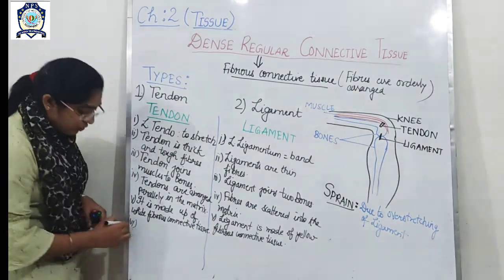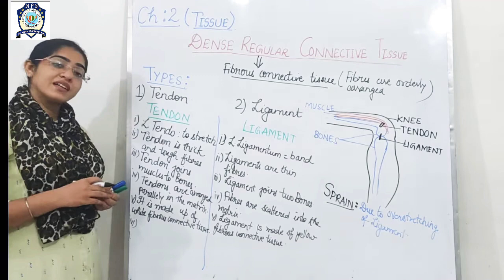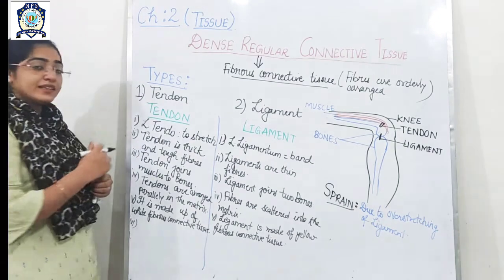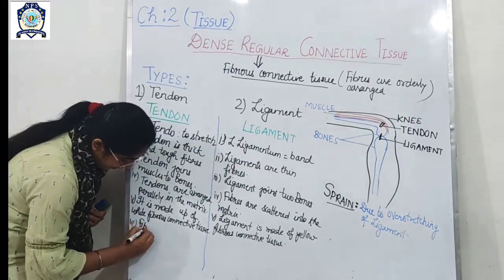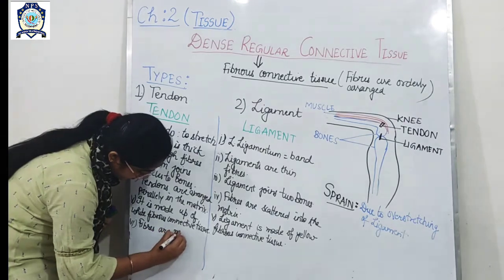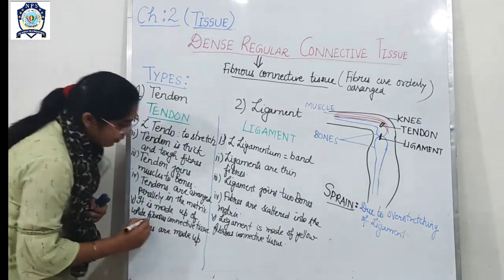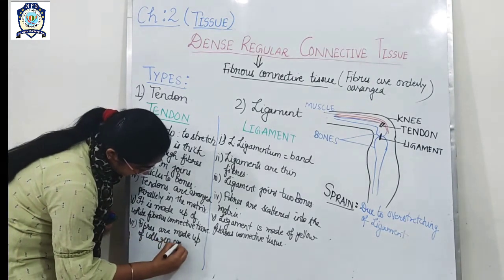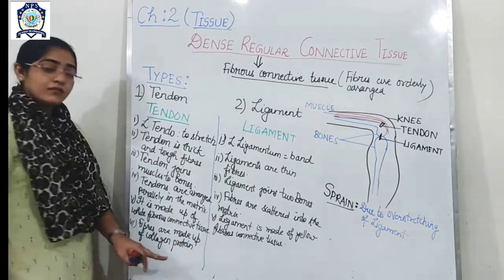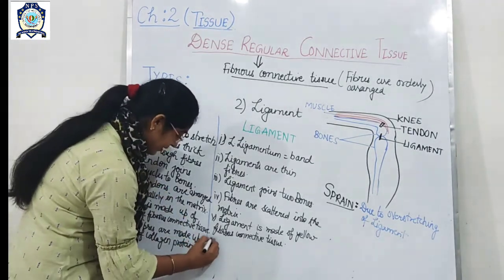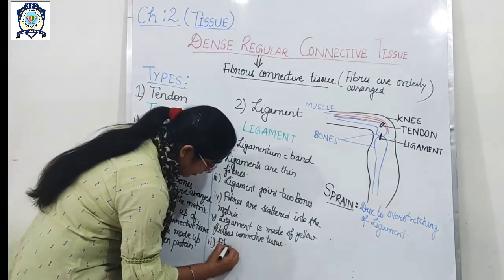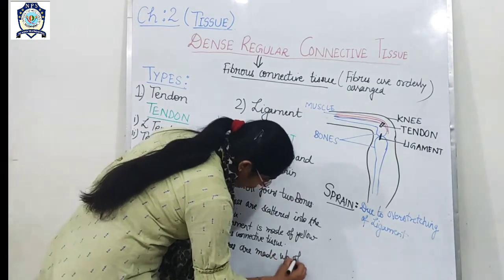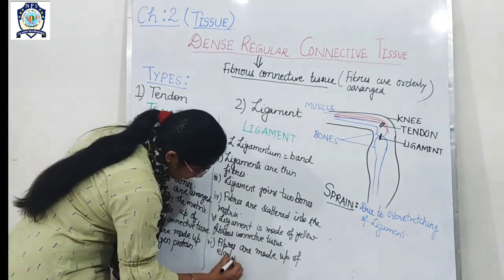If we talk about white fiber, white fibrous tissue is made up of collagen fiber. So in tendon, these fibers are made up of collagen protein, and in ligament, these fibers are made up of elastin protein.